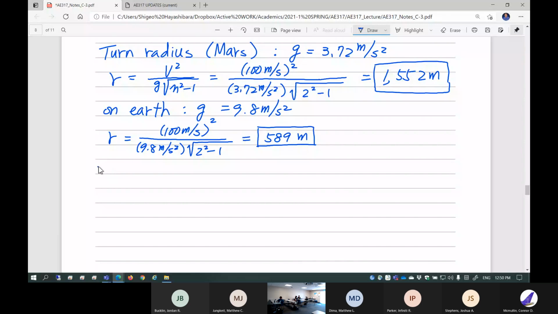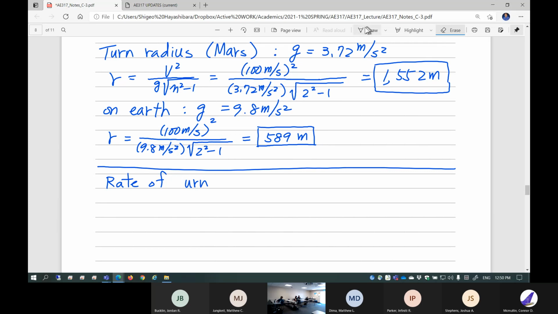What about the rate of turn? For some reason, my T looks like F. I don't know why. Okay. Rate of turn. Let's begin with Mars. Once again, gravity of Mars is 3.72 meters per second squared.